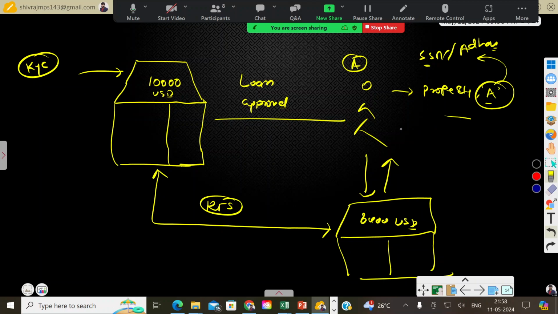Let's say later on this person announced default on payment. And when the person announced default on payment, the bank started searching for this property and reached this property. Then the bank realized that this property has two owners.